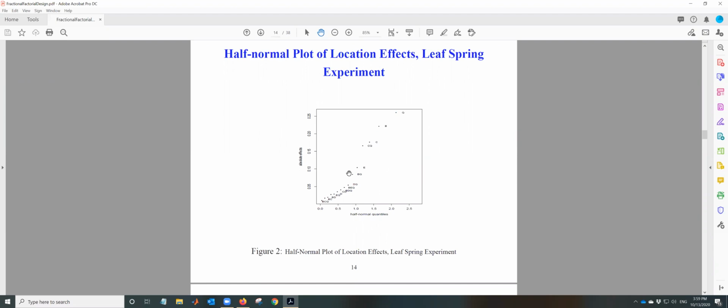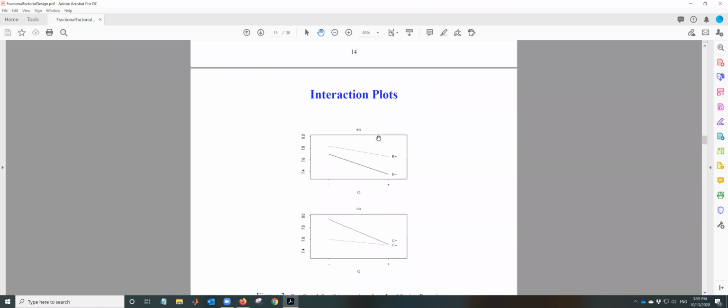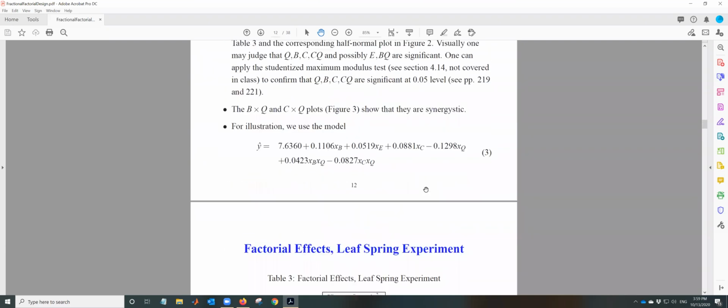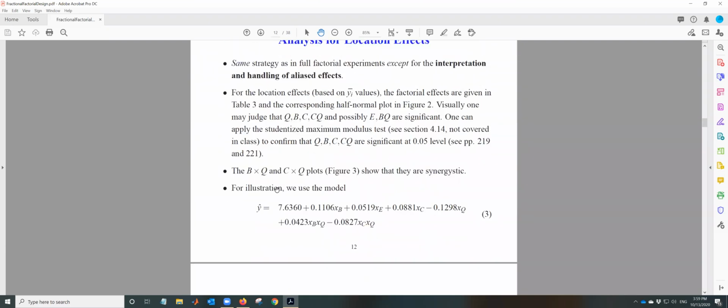This is a visual way to judge which ones are significant. If you look at the interaction plot, they are synergistic because they are all going the same way. So now we identify those significant factors, then we can fit a model with the Y. Those are the parameters we can use to develop the model.